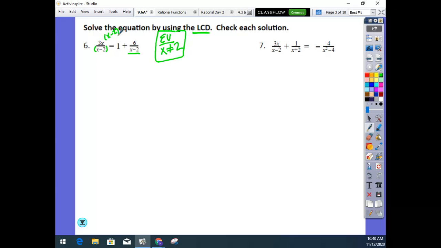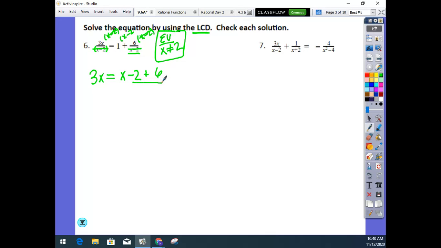This is what we see. x minus 2 is what I want to cancel. So I multiply through the entire equation by x minus 2. This x minus 2 cancels this x minus 2, and we just have 3x. Nothing cancels here, so I take 1 times x minus 2, which is x minus 2. These cancel, and I'm left with 6. This equation is a whole lot easier to solve.